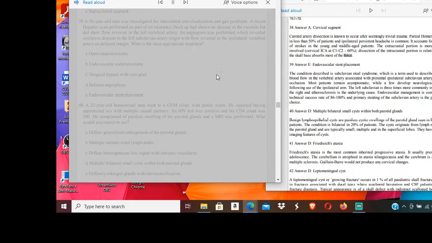E. Supraclinoid segment. 39. A 56-year-old man was investigated for intermittent arm claudication and gait problems. A recent Doppler scan performed as part of an insurance checkup had shown no disease in the carotids, but did show flow reversal in the left vertebral artery. An angiogram was performed which revealed occlusive disease in the left subclavian artery origin, with flow reversal in the ipsilateral vertebral artery on delayed images. What is the most appropriate treatment?